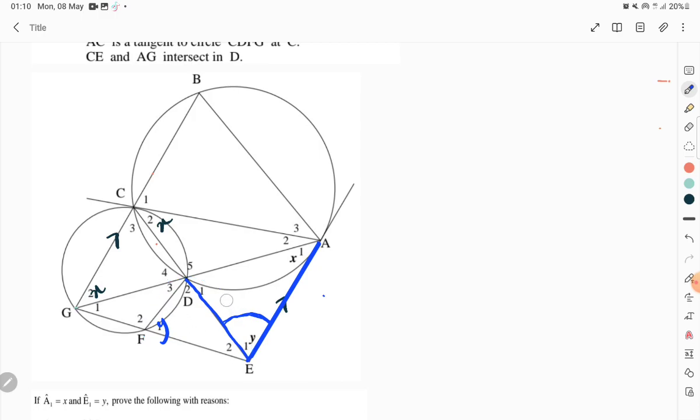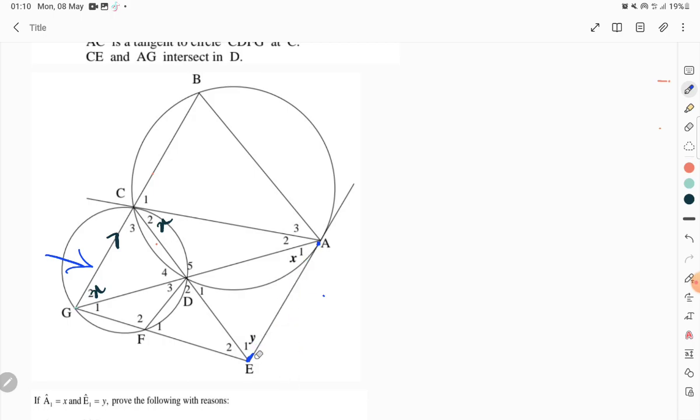Okay, now how do you go about doing this? Well, what are we having? We have Y being equal to that, and we know that this line is parallel to this line.